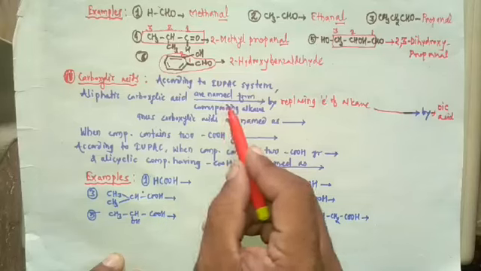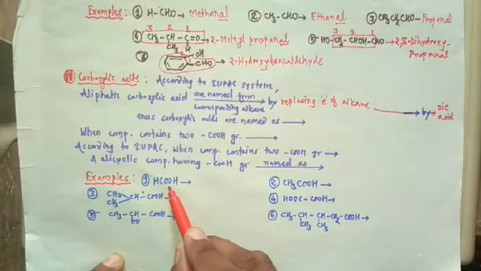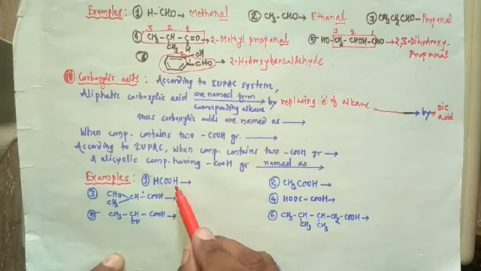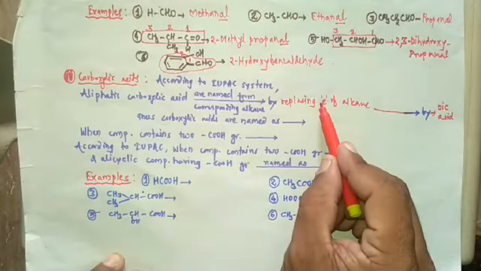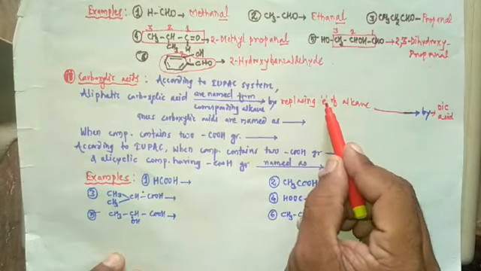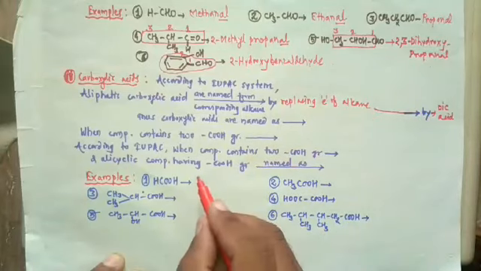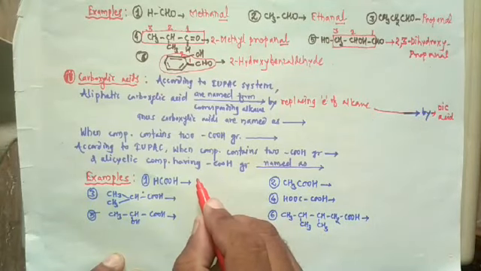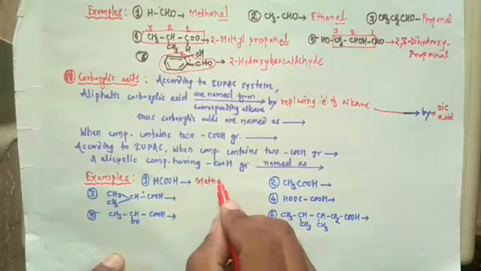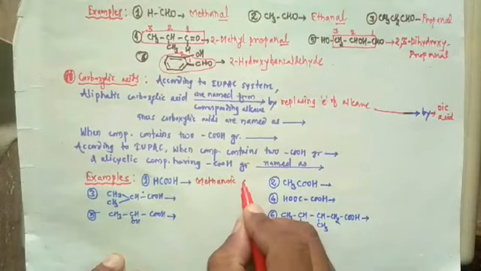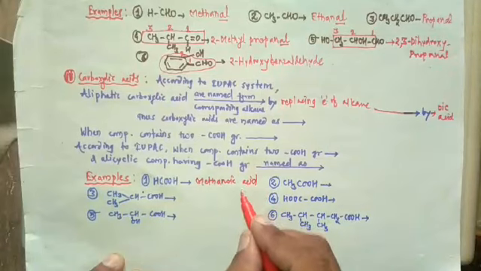According to the IUPAC system, its corresponding alkane is methane. So replace the final letter E of methane by oic acid. That's why the name of this compound is methanoic acid.